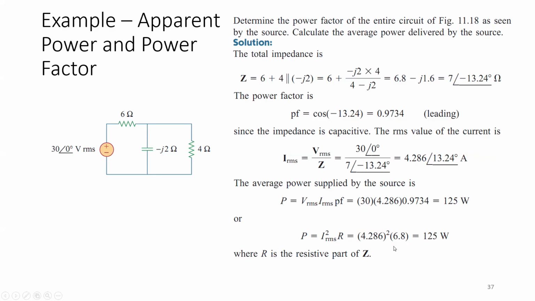There is another important indication: the power delivered by the source is consumed by the load, and we already know it is consumed by the resistive part of the load. So if we take the RMS current delivered to the load and multiply it with the resistive portion of the impedance, we get 6.8. From this calculation we reach a similar answer, 125 watt and 125 watt.